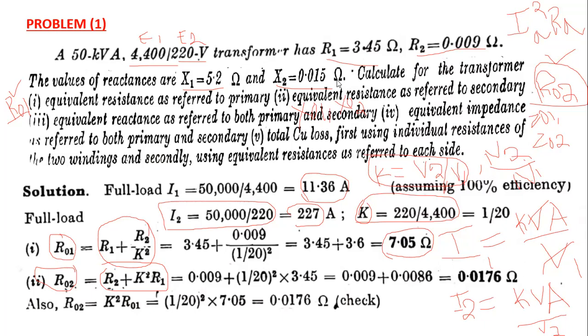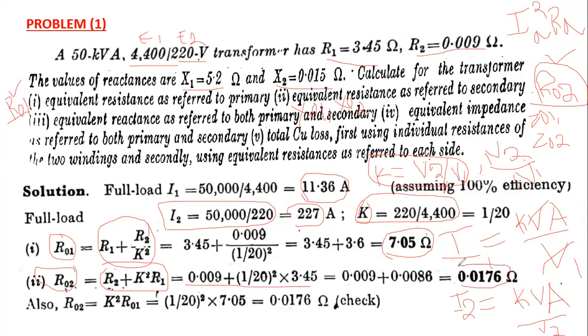R1 and R2 values are given in the question: R1 is equal to 3.45 and R2 is equal to 0.09, and K is 1 by 20. We substitute all the values in this formula and obtain R02.